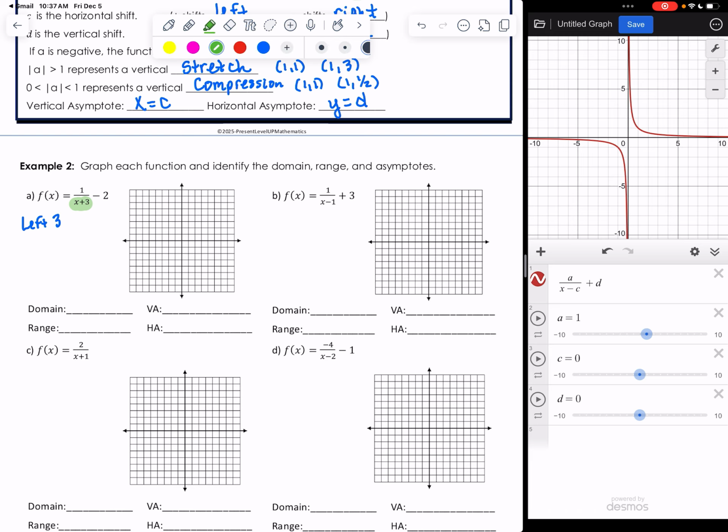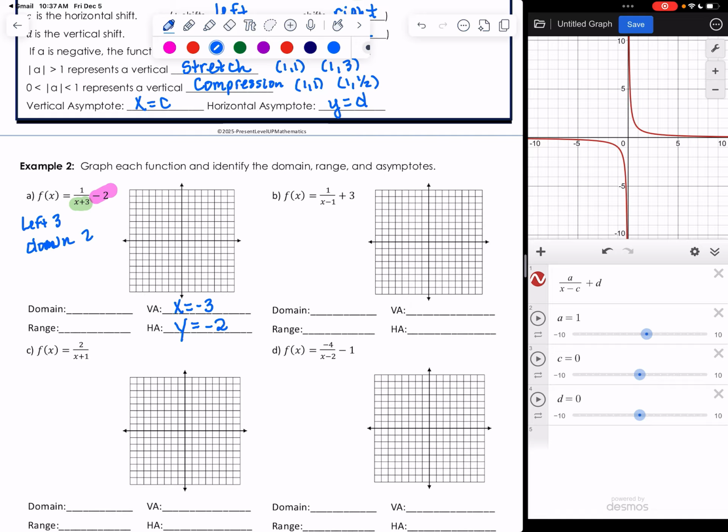And then we have a d value of negative 2. So that means our graph will move down. So left 3 and down 2. So our vertical asymptote will be x equals negative 3. And our horizontal asymptote will be y equals negative 2.